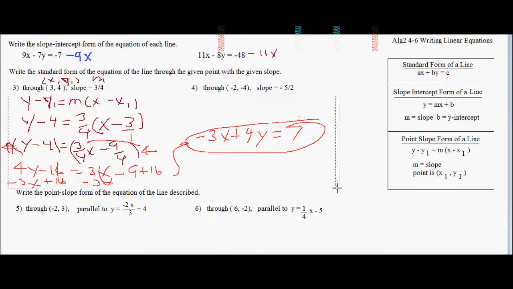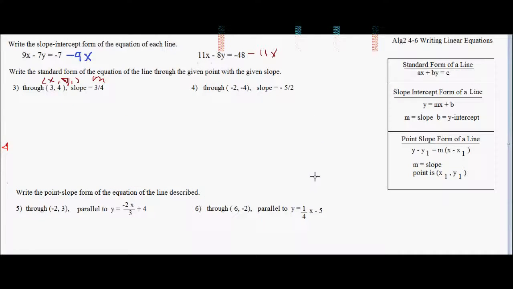Okay, so on to this one. Let's use orange, I guess. So I get y minus y1 equals m times x minus x1.